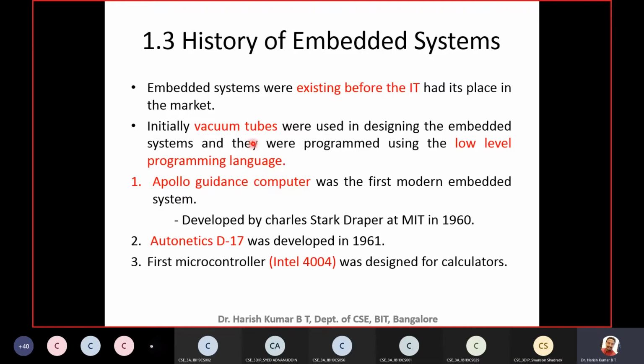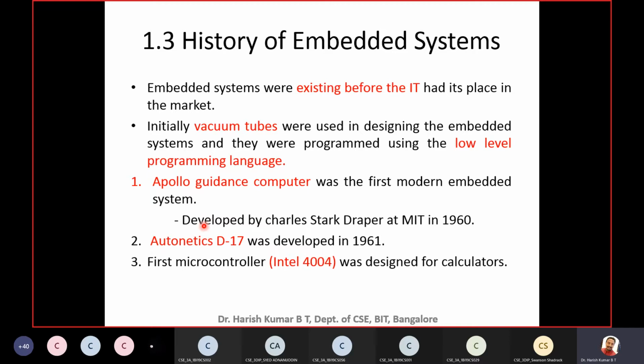These were the major hardware components used even in designing and building an embedded system. And what kind of programming language was used? Low level programming language was the language used in order to build the embedded systems.